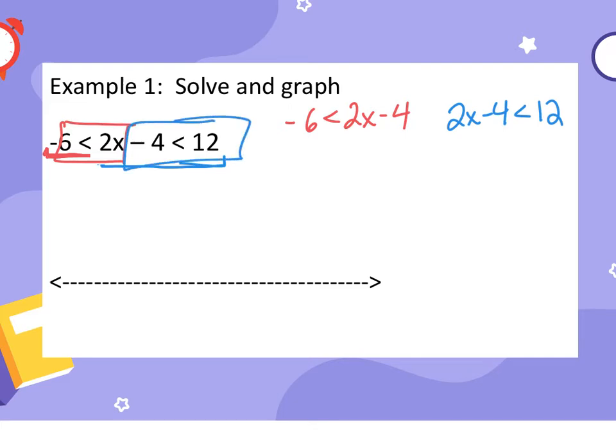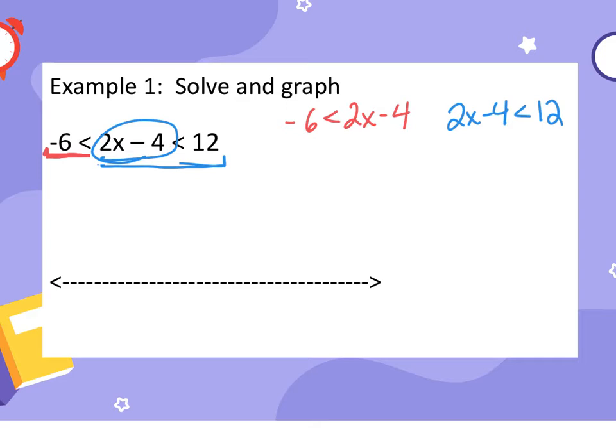Now, can those be my two problems? No, they cannot. You cannot split it down the middle like that, okay? Do not split it down the middle. Make sure you include the whole middle part in both problems, okay? Just as we did over here.